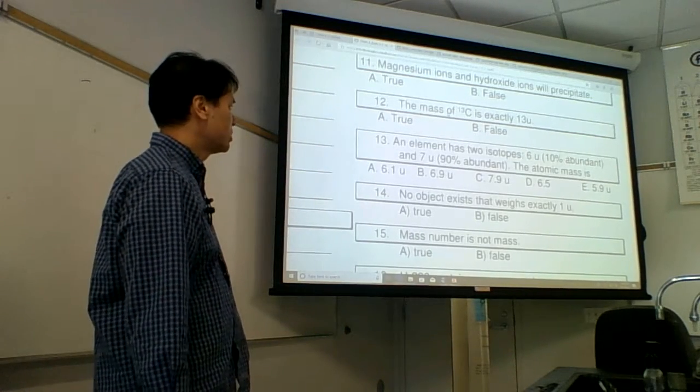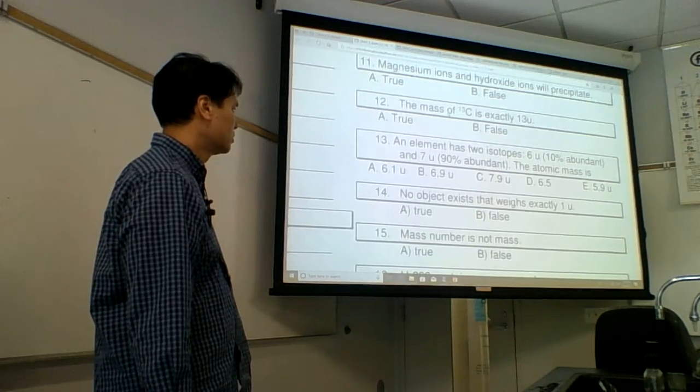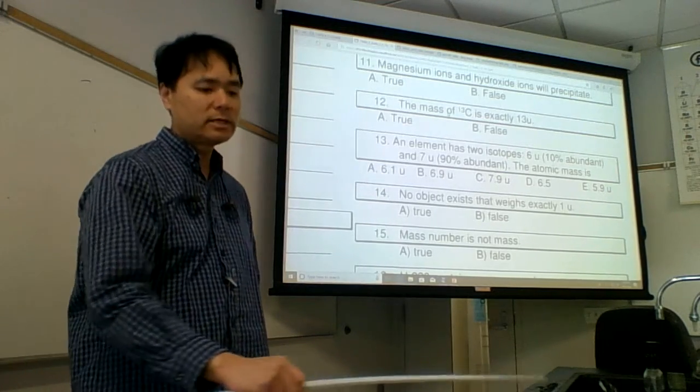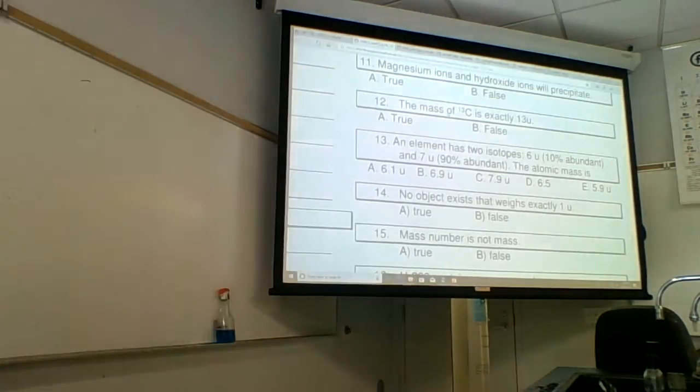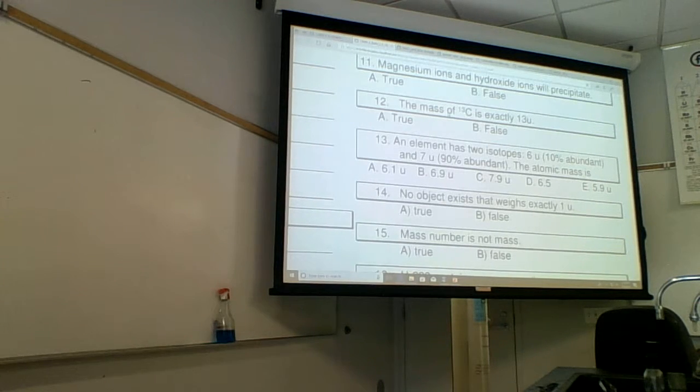Or you could use the equation if you want, or you could do it graphically. When I see a problem like this, I just visualize the scale like that. If it's 100% isotope 6, then it weighs 6.